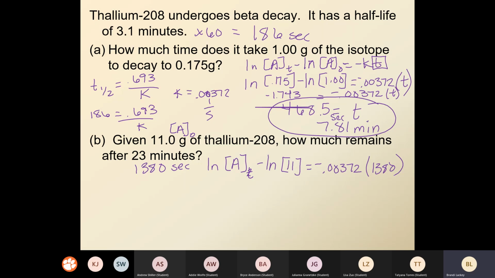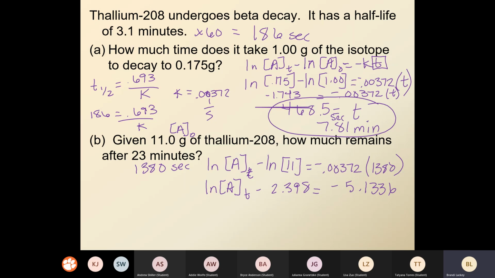Natural log of 11 is 2.398-ish. And the negative 0.00372 times 1380, so this side is negative 5.1336.